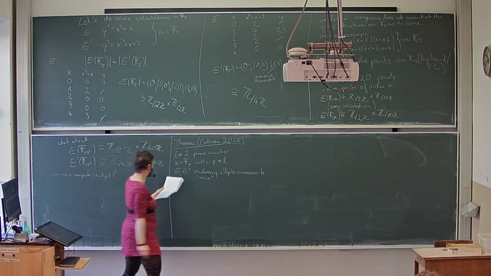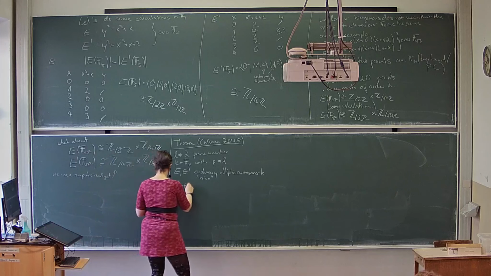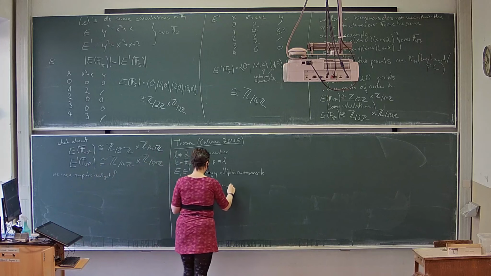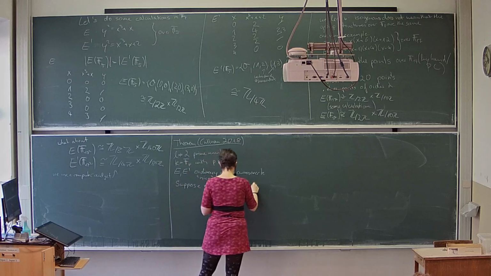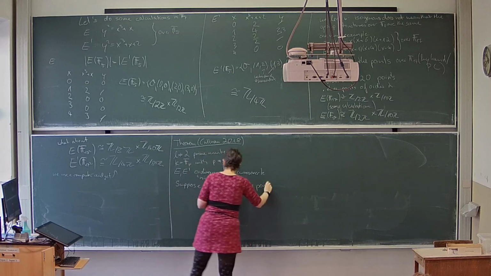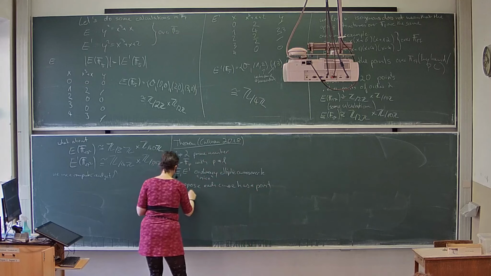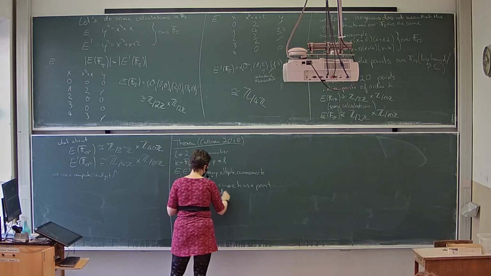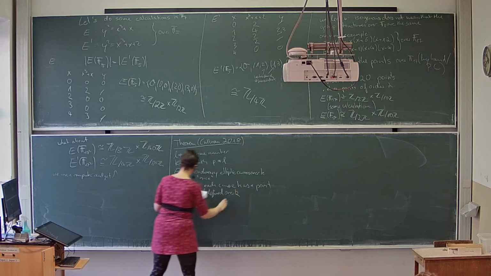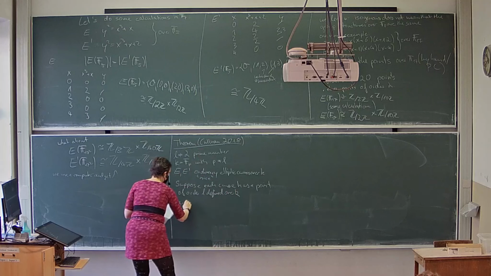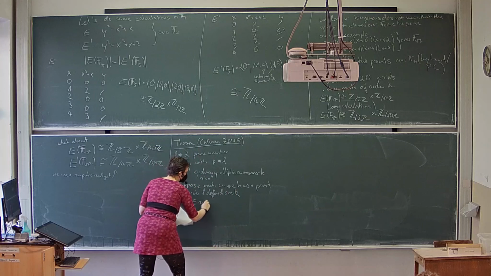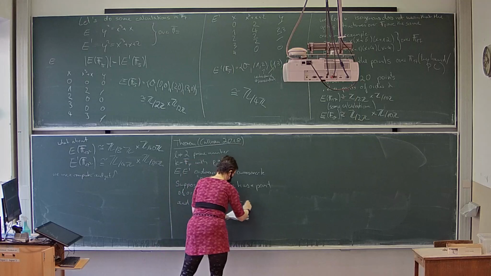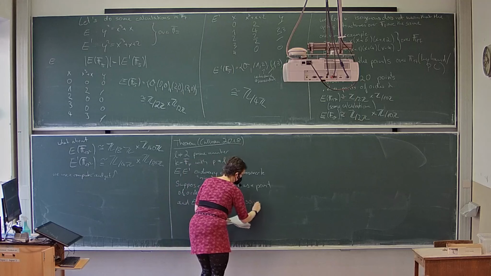Okay, suppose each curve has a point of order L defined over K, and E and E prime are L isogenous.